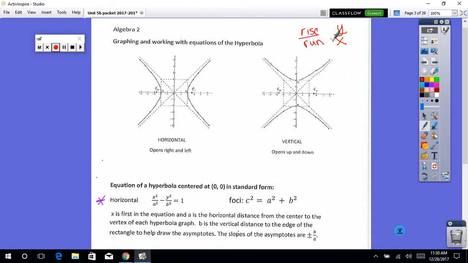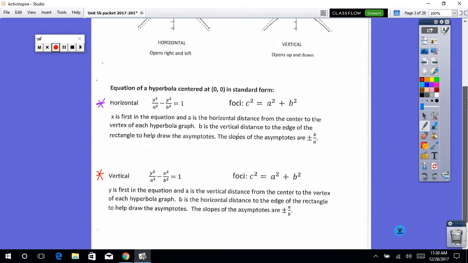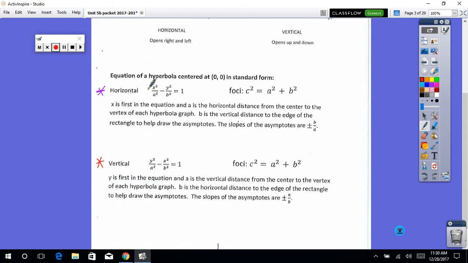So no matter what kind of hyperbola we have, whether it's horizontal or vertical, our slope is always going to be the number that's hanging out with the y over the number that's hanging out with the x. So this one looks like b over a, but that's because b is with the y. Down here it's a over b because a is with the y, because a goes first. So it's always y over x, so think about it that way.